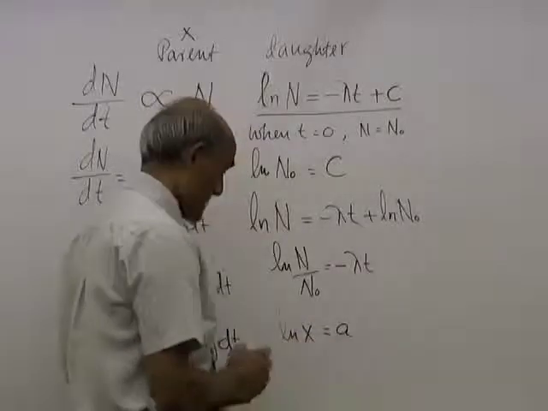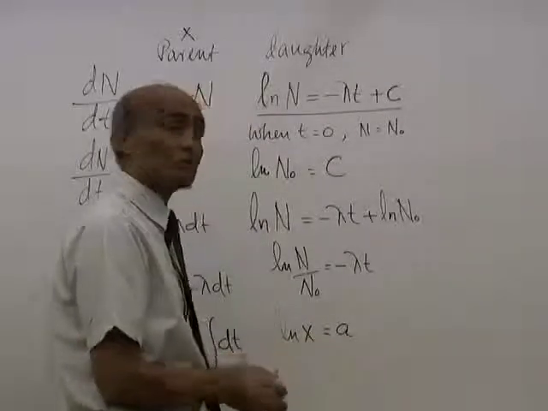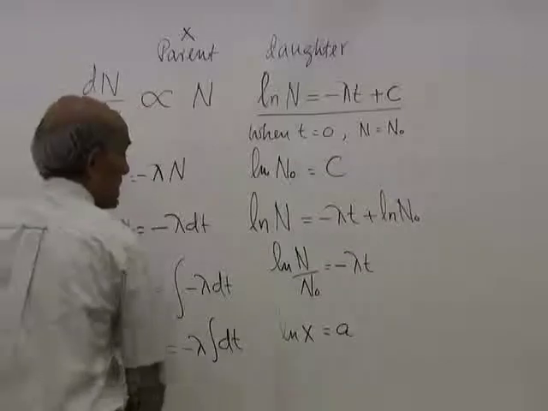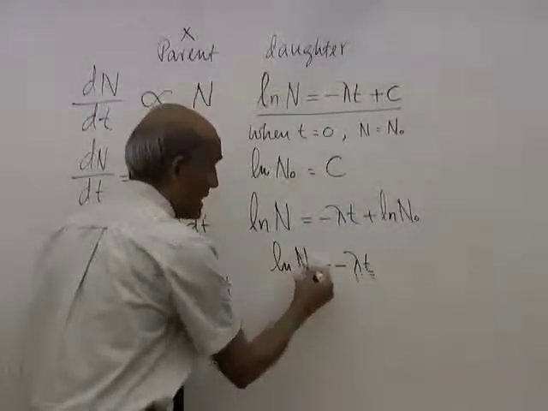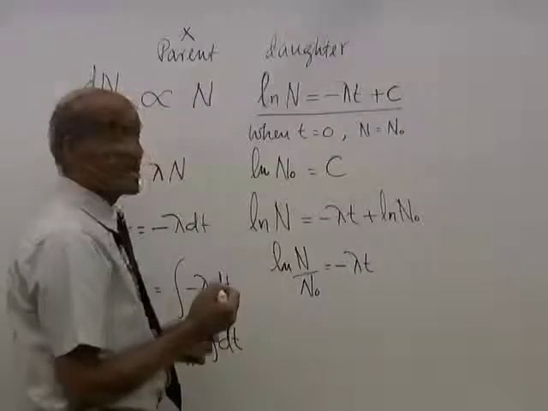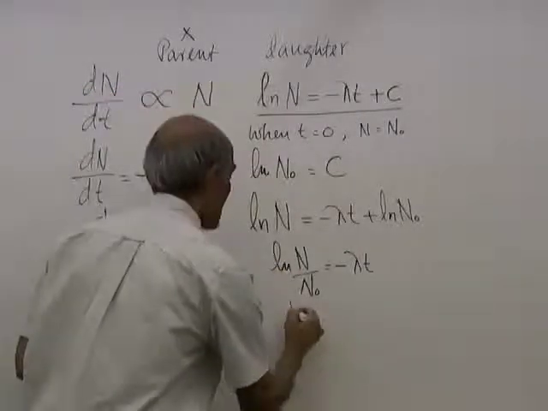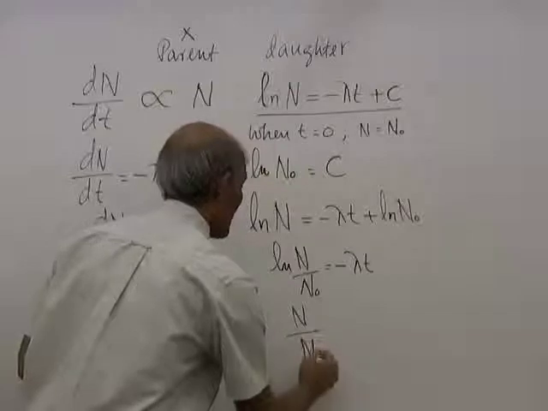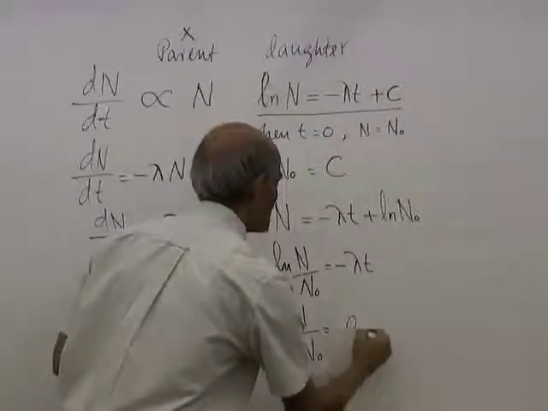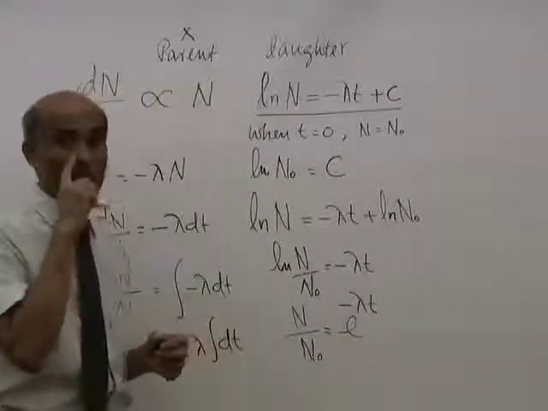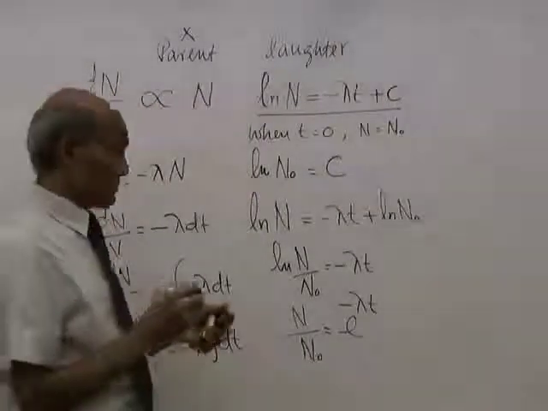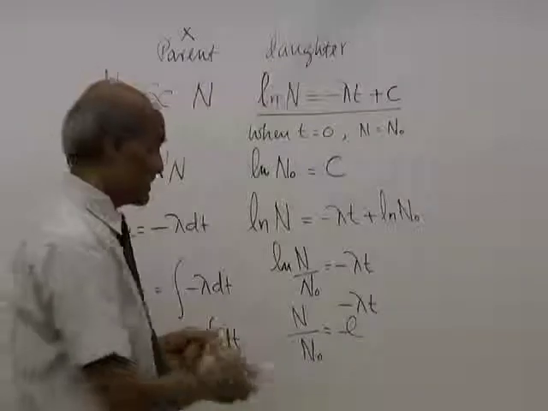That's the meaning of this. ln x equal to a means x equal to e to the power of a, which brings us to ln n over n0 equal to negative lambda t means n over n0 equal to e to the power negative lambda t. Well, we have very nearly solved the equation.